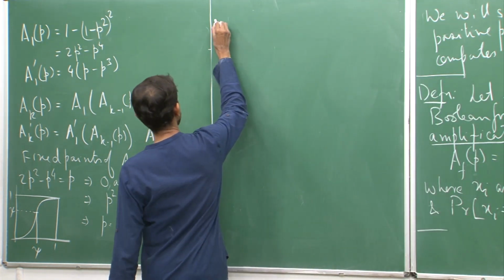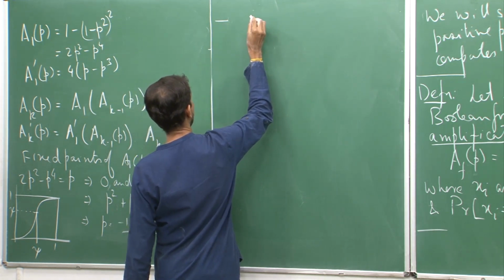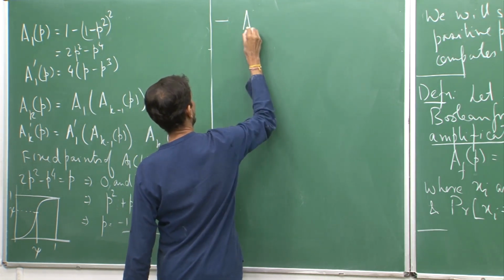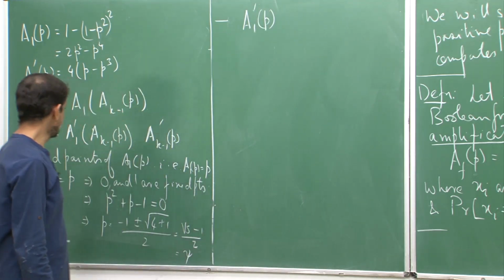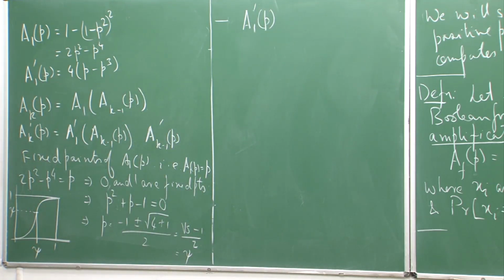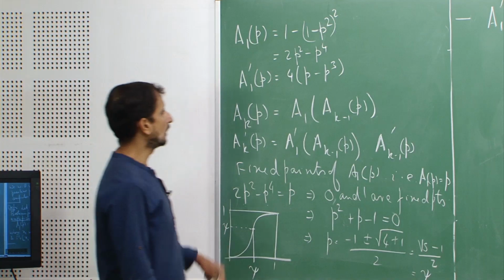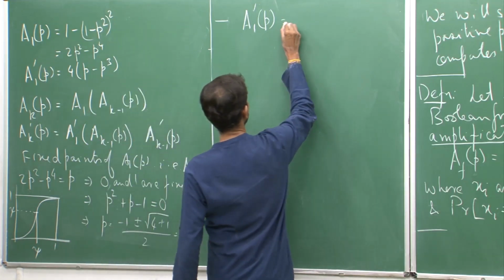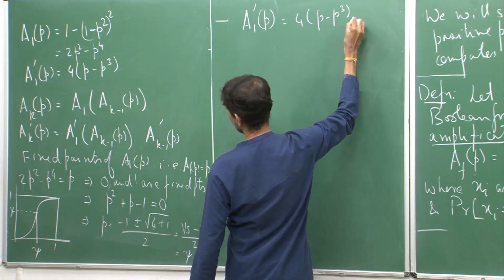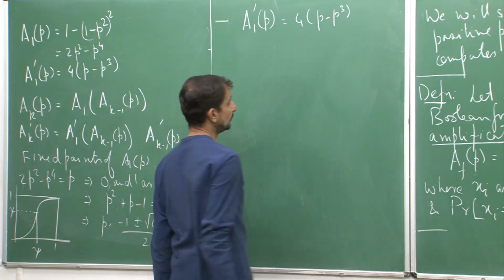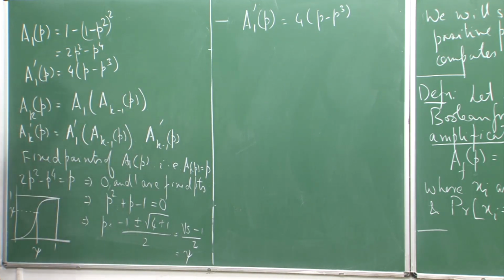So, let us look at this. So, this is equal to 4 p minus p cube. How does this look like? Okay. So, let us see what is the maxima and minima of this.